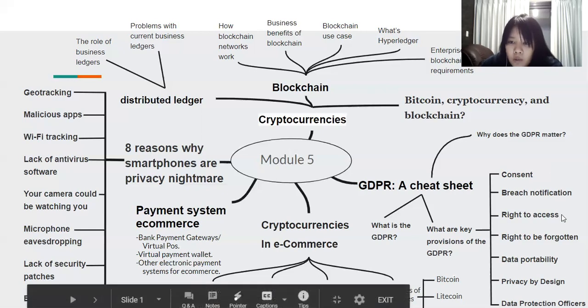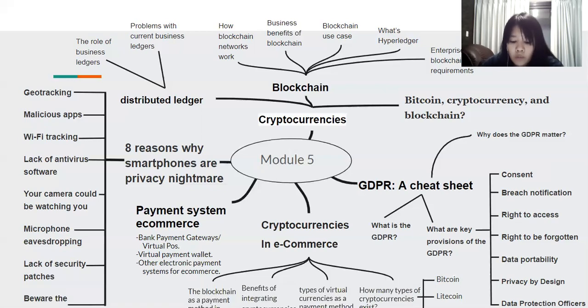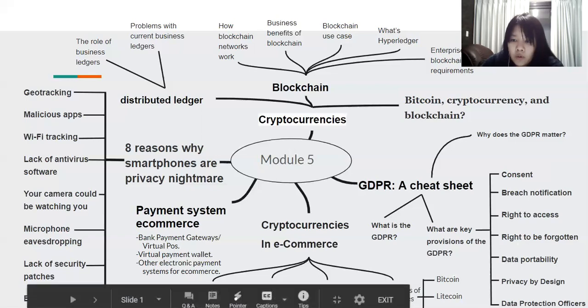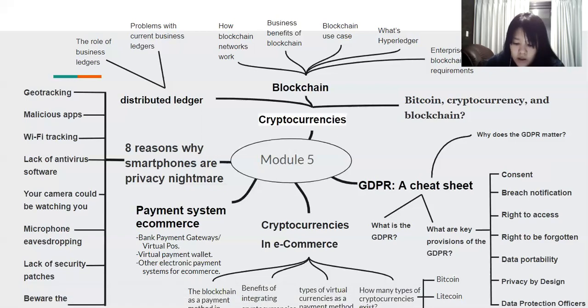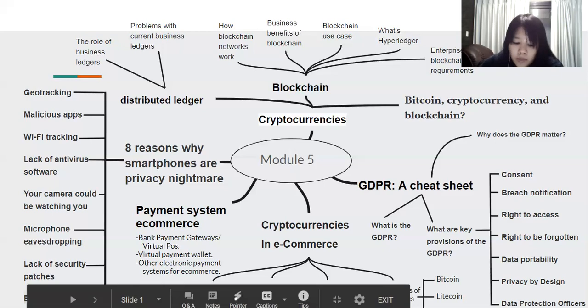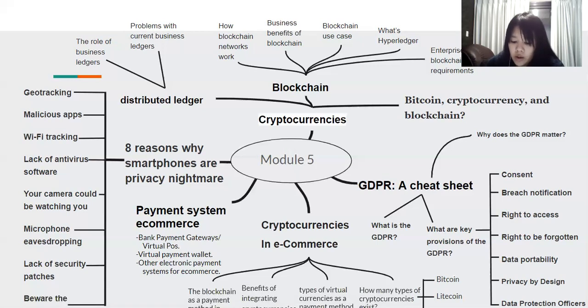The next one is the right to access. The companies should confirm the data subject's request. Right to be forgotten: the companies will erase data when asked by the data subject. Data portability: the data subject can receive previously provided personal data in a commonly used format.